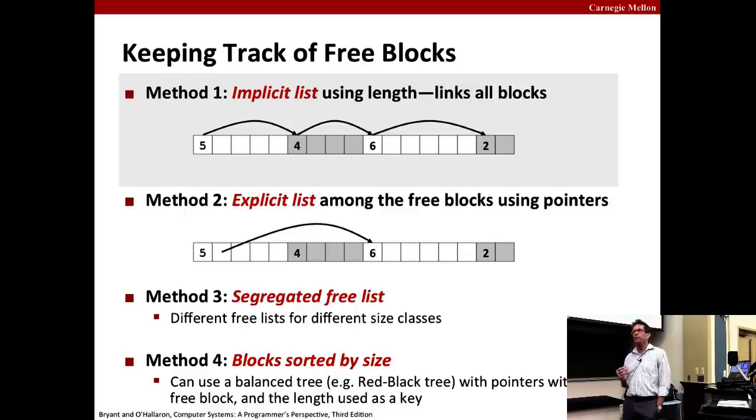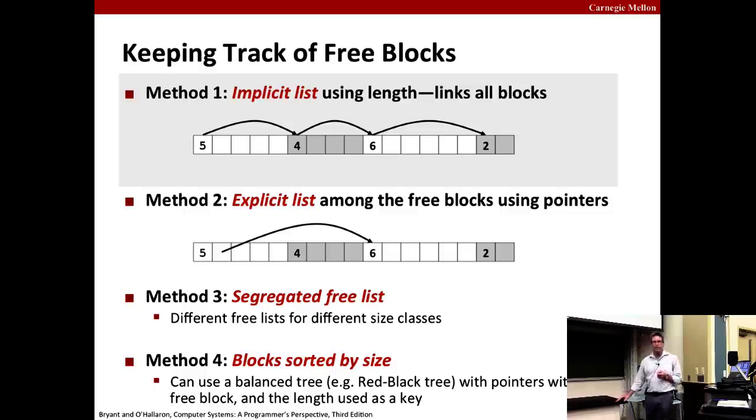So one free list might hold blocks of size 0 to 8, and another free list might hold blocks of size 9 to 16, and another 17 to 32. And so when you're traversing a certain list, you know the range of sizes of the blocks in that list.